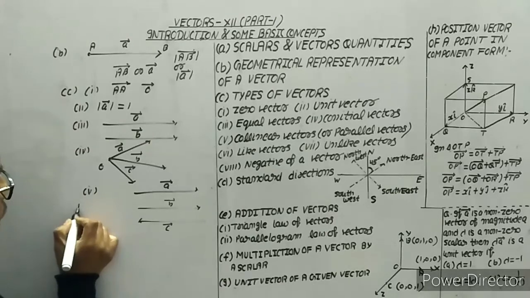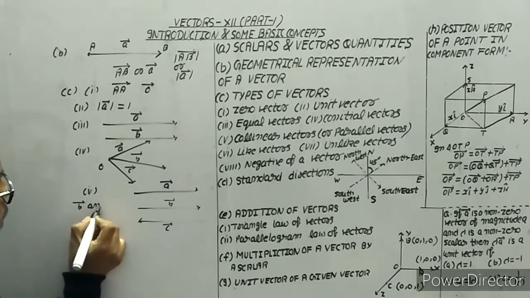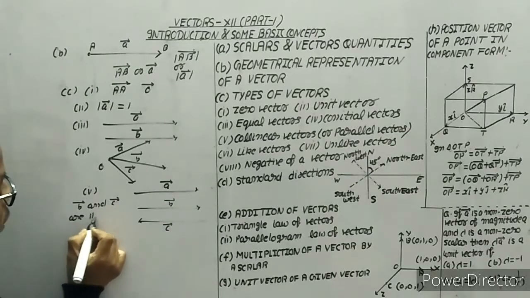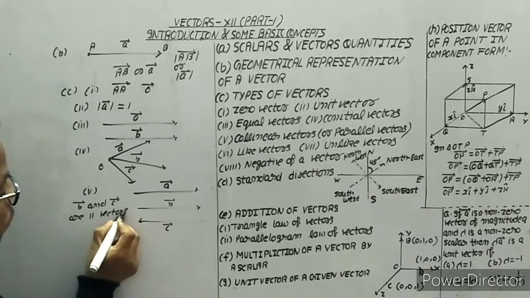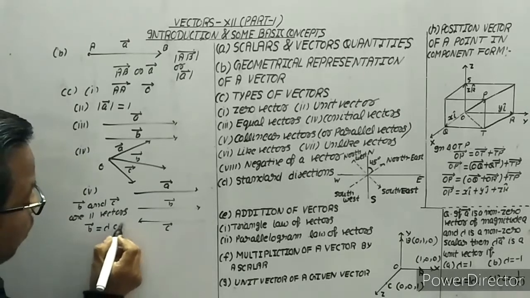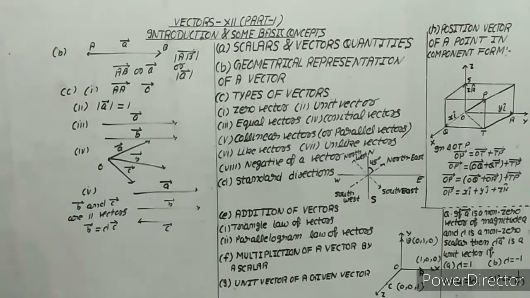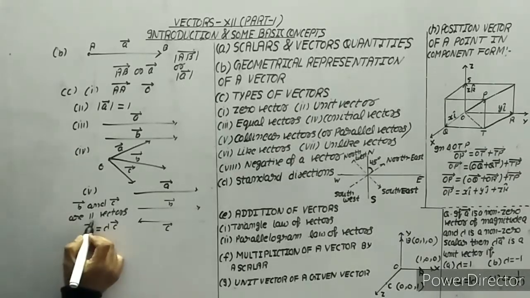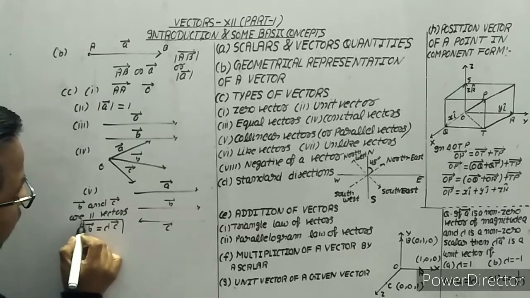So here B and C are parallel vectors, and if they are parallel vectors, then there is a very important rule. We can write vector B is equal to lambda times vector C, where lambda is any scalar. So this is a very important relation.